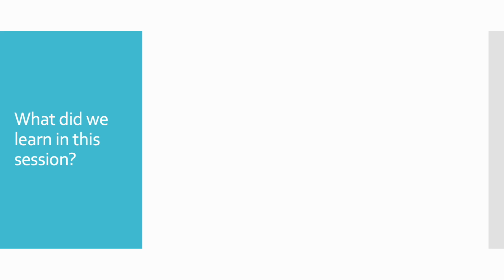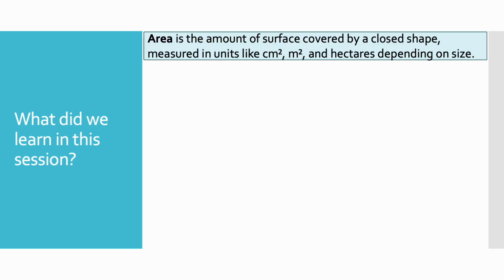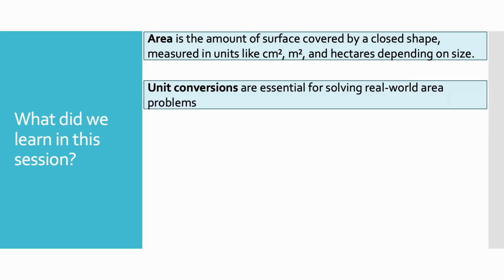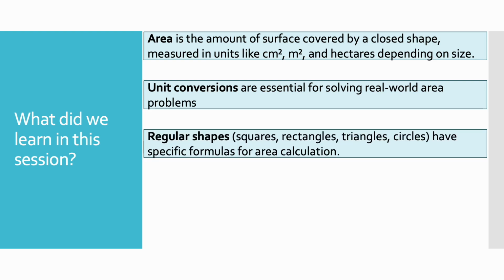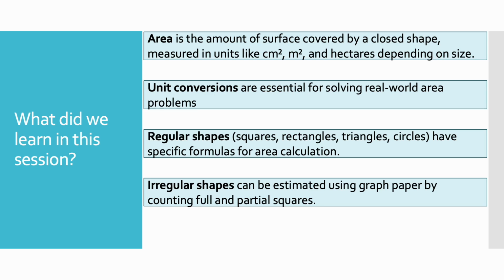What did we learn in this session? Area is the amount of surface covered by a closed shape, measured in units like centimeter square, meter square and hectares depending on size. Unit conversions are essential for solving real-world area problems. Regular shapes such as square, rectangle, triangle, circle have specific formula for calculation of area.